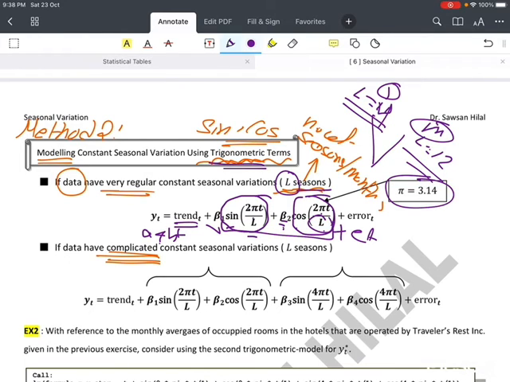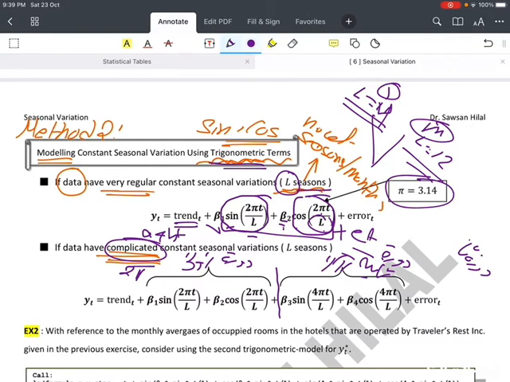But if the data is complicated, you will write a second term. I consider this the first cycle, which has 2 pi. Then you will write the second term, the second cycle. You will write 4 pi. If you need a third term, you will need a third cycle.